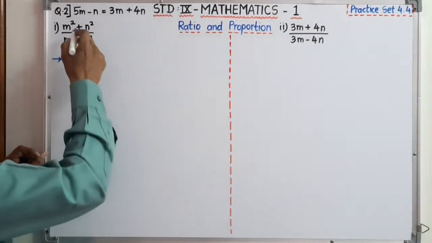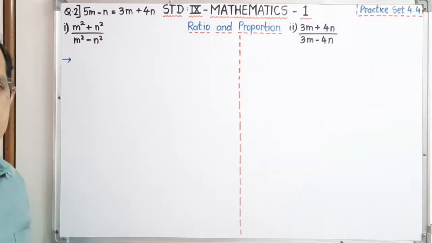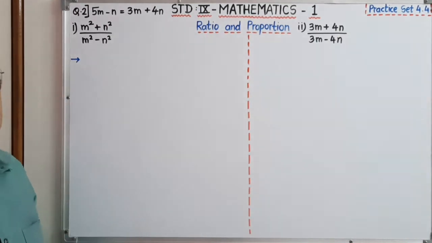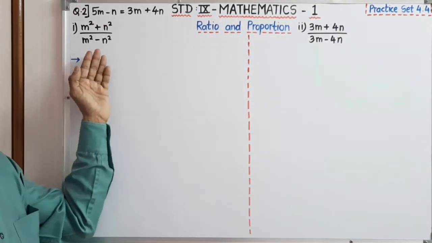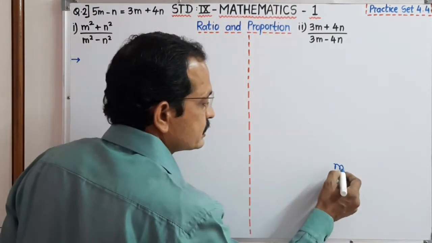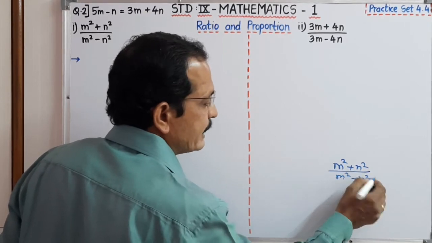If you remember, in the previous lecture we learned properties on equal ratios, and here which property is used? Yes, it is componendo dividendo. On which ratio? See dear student, it is m square plus n square upon m square minus n square.